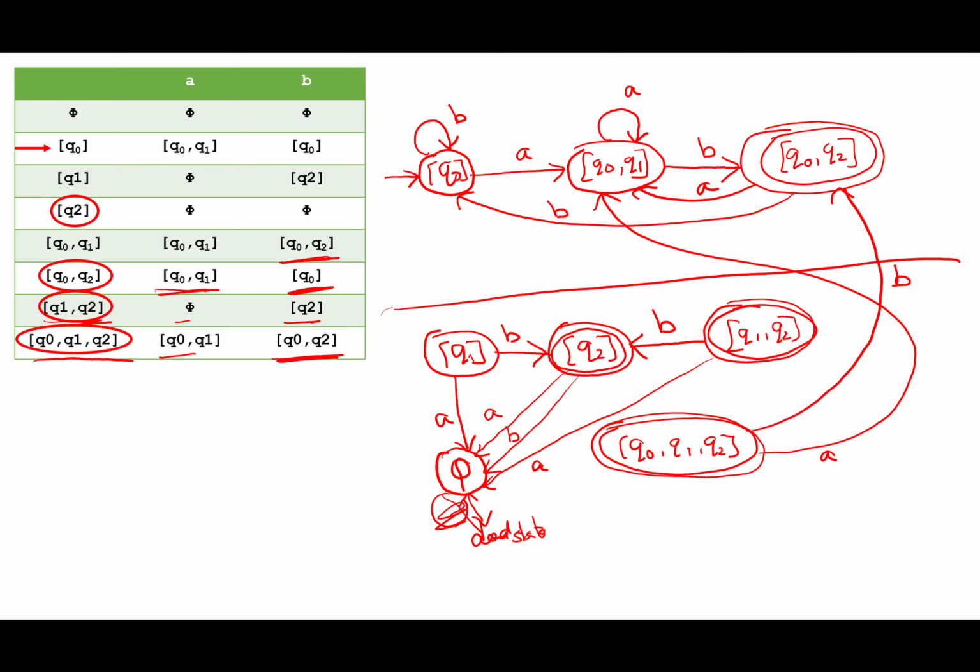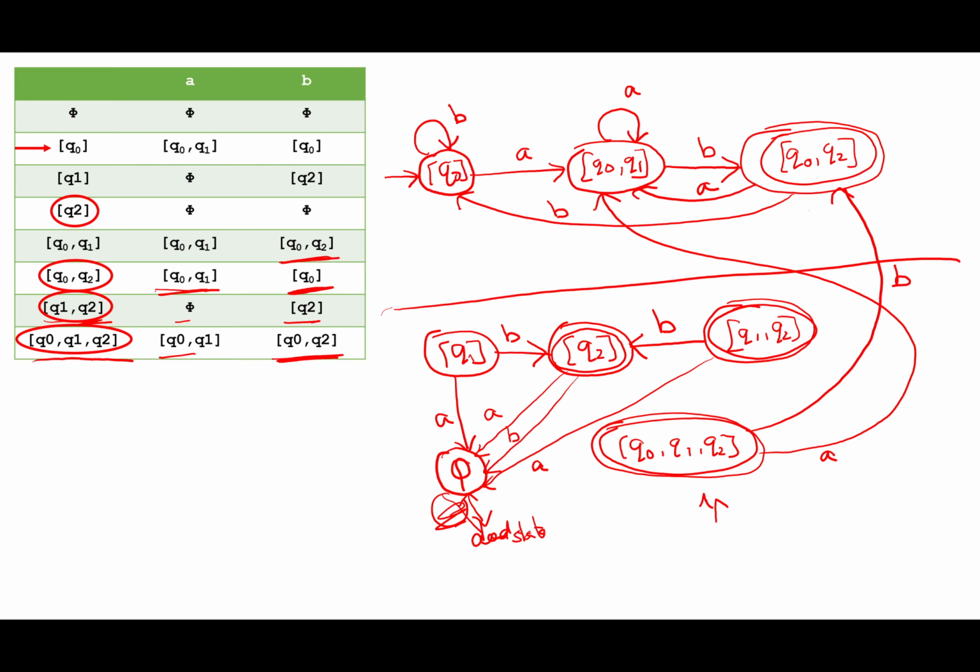The state Q0, Q1, Q2 may seem to be connected with Q0, Q1 and Q0, Q2, but it is not, because it doesn't have any incoming transition. It has only the outgoing transition.